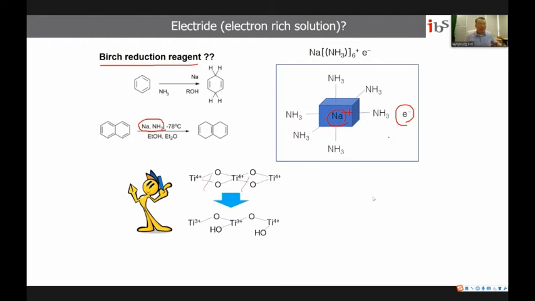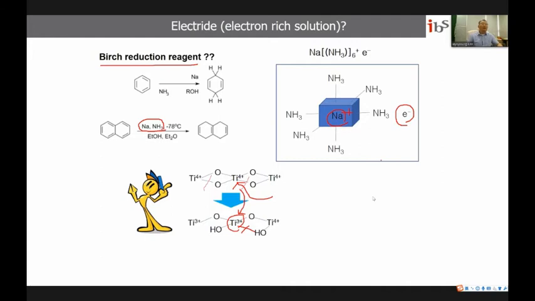So our idea is that if you have a reagent at room temperature with a lot of electrons, this electron can attack this Ti4+, making Ti3+. Then the bond has to be disconnected.